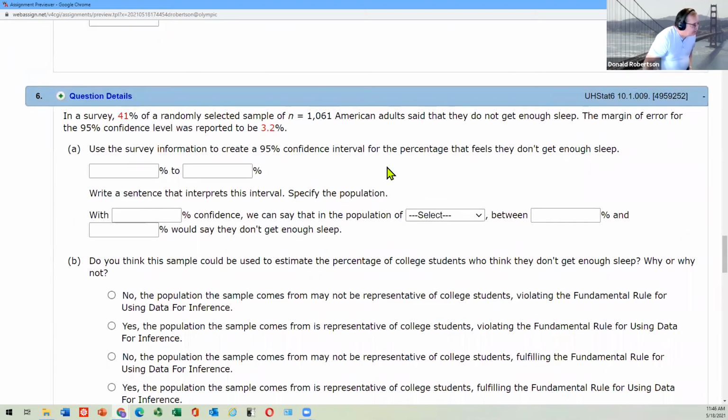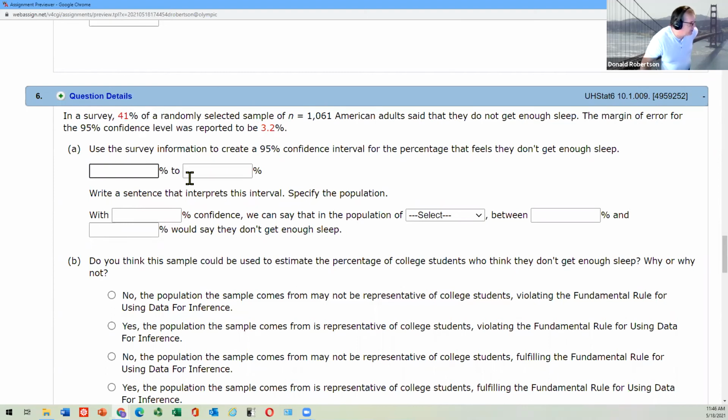Okay, this one here is getting towards creating a confidence interval. In this case, 41% of a randomly selected sample of that many adults said they do not get enough sleep, and the margin of error on a 95% confidence interval was 3.2%. So 41 take away that guy and 41 add that is what the interval is.